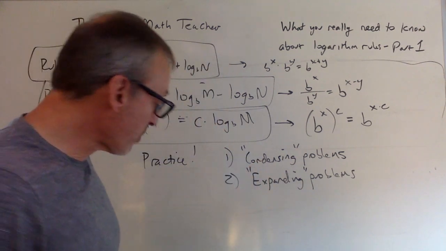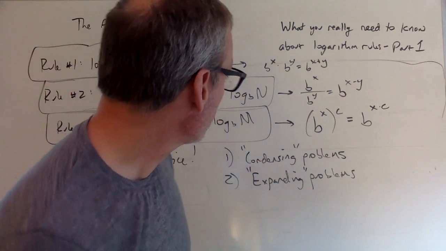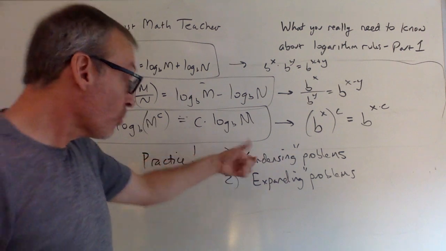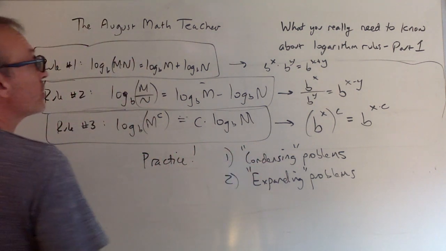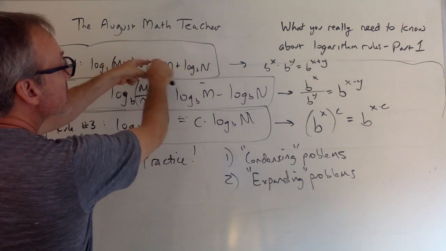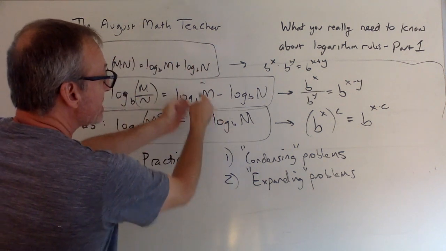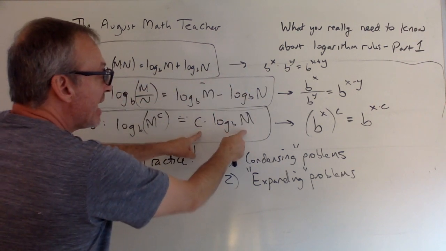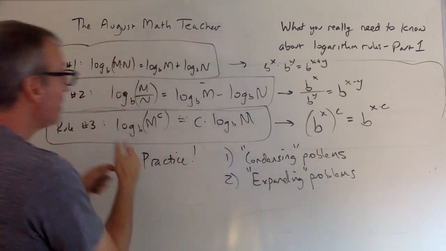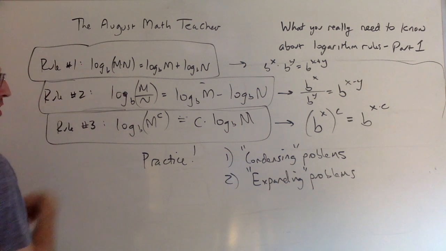The condensing problems are just practice with rules where you are taking logs like the ones on the right-hand side here, that are sums of logs or differences or products, and you're condensing them by turning them into single logs.